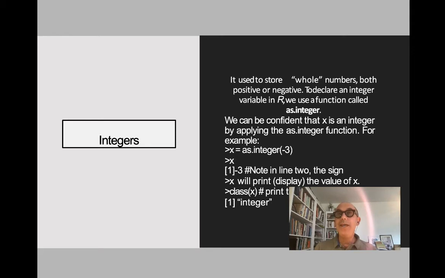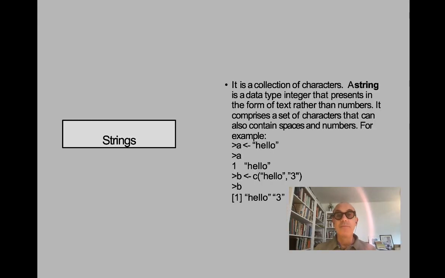In the code, x is equal to integer minus 3, and when I ask R what is the value of x, it will say minus 3, and give us a note in line 2 with a sign. So x will display the value of x.